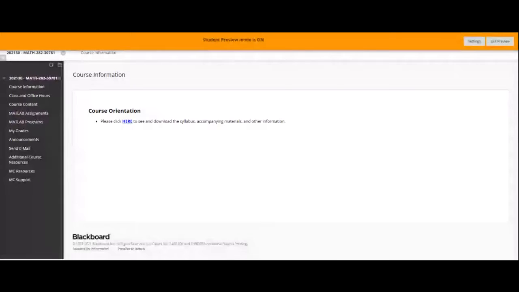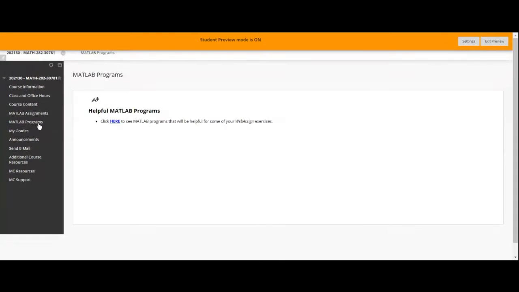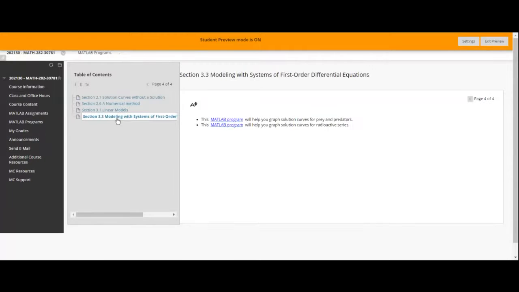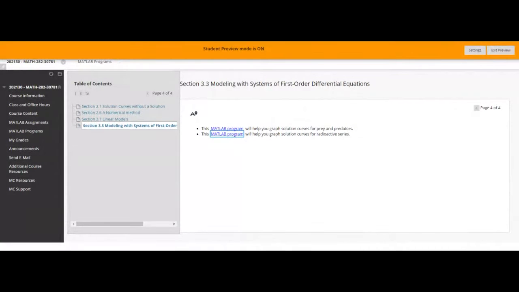Okay, we go to MATLAB programs. Click here to see the MATLAB programs, and here it is, 3.3. Now, you already worked with one MATLAB program in 3.3, but this second MATLAB program will help you graph solution curves for radioactive series. So you just click on the MATLAB program, and then it should open in MATLAB.